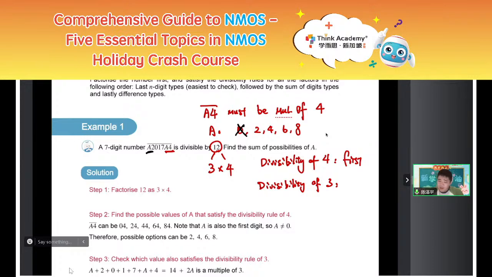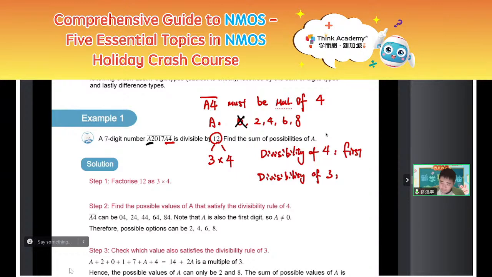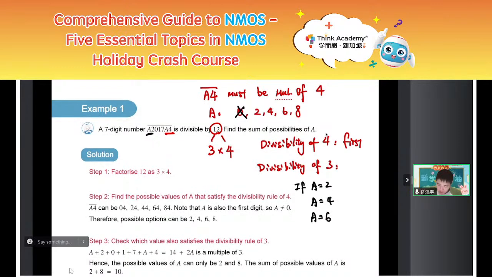So we need to check whether they all satisfy the divisibility of 3. If A equals 2, what is the sum of the digits? A equals 4, what is the sum? A equals 6, what is the sum? And A equals 8, what will be the sum? So you have a try.